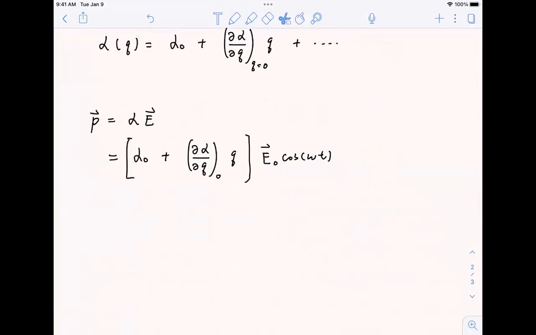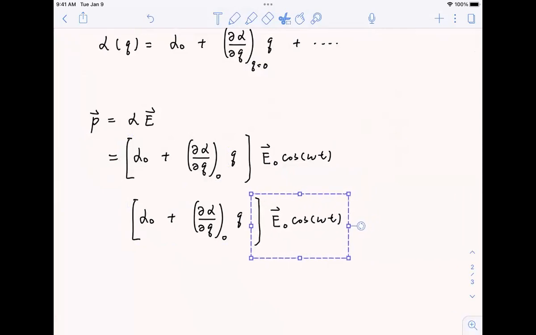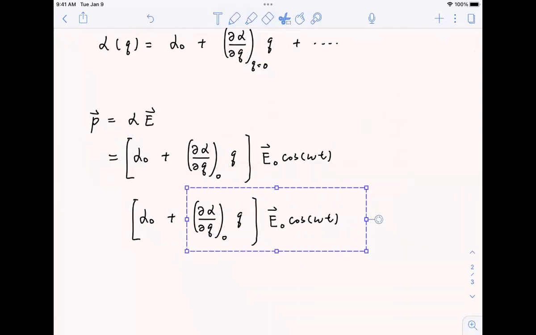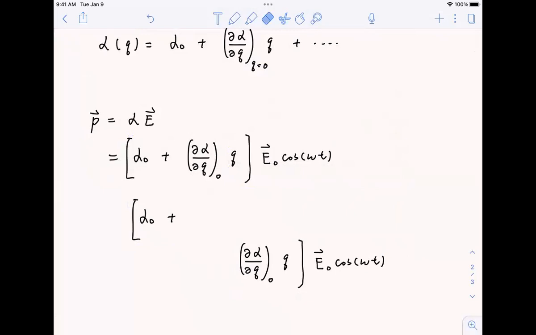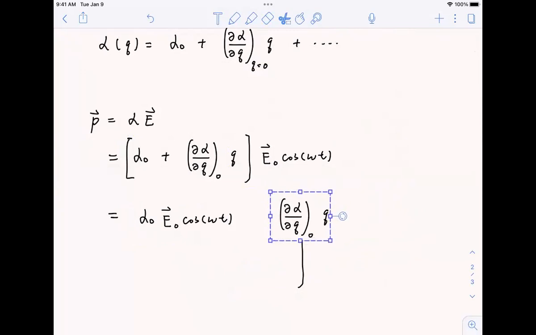You continue, but this time we're going to put this in. This is the first term, and this is the second term.